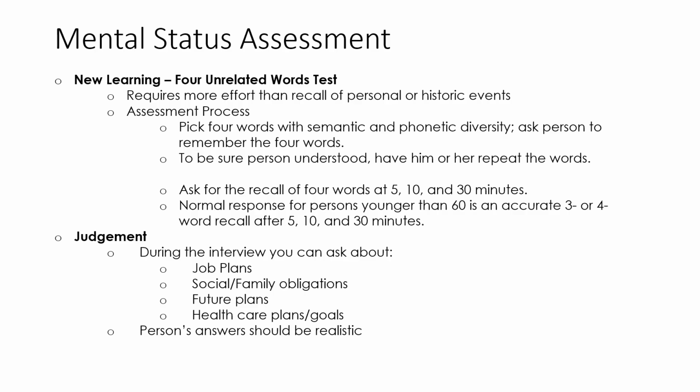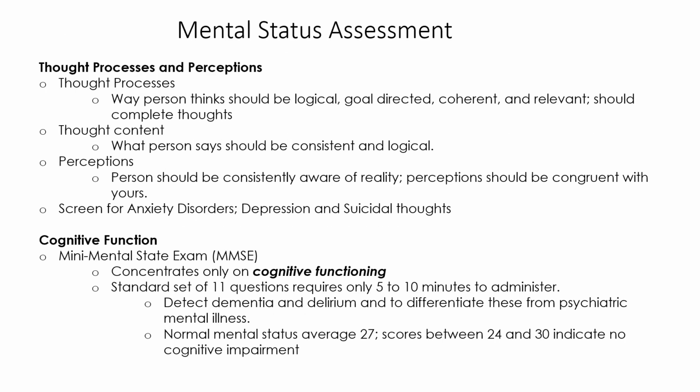Judgment. During the interview, you can ask about job plans, social family obligations, any future plans, and what their health plan goals are. You want to make sure that the client's answers are realistic. The client's thought process and their perceptions.